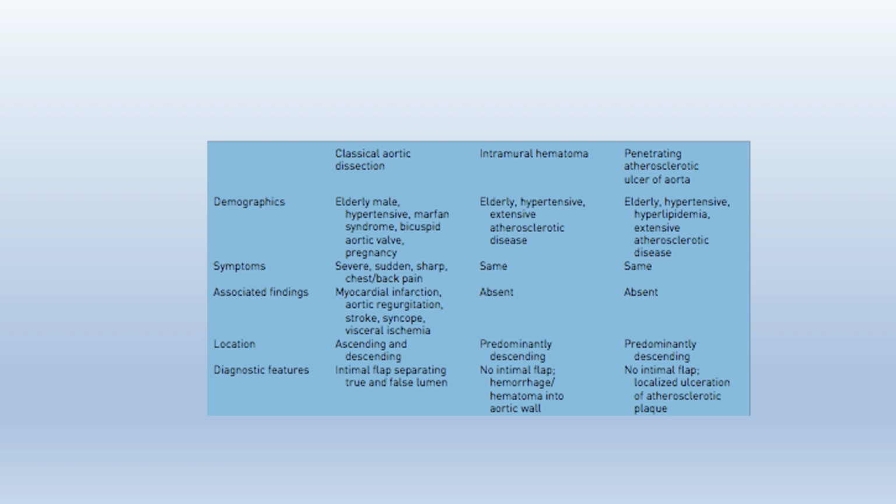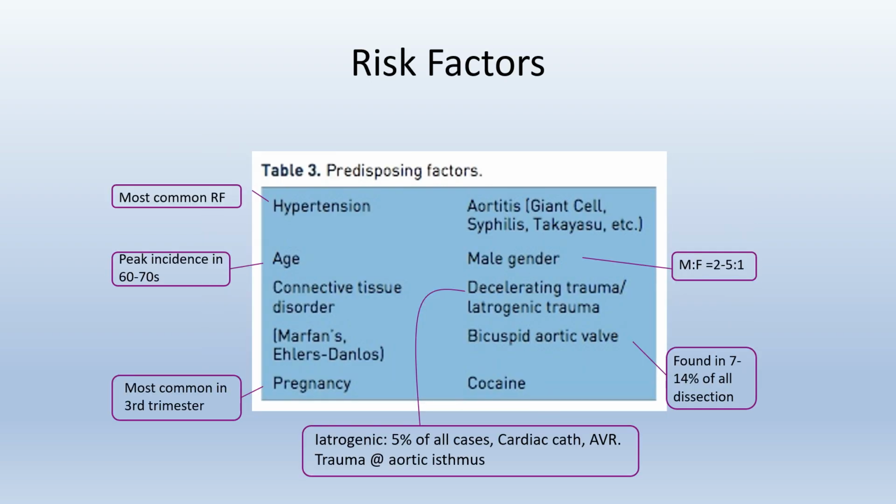Symptoms are severe and sudden, sharp chest or back pain. Associated findings include myocardial infarction, aortic regurgitation, stroke, syncope, visceral ischemia, and the location could be ascending or descending aorta. The diagnostic feature is an intimal flap separating true and false lumen.